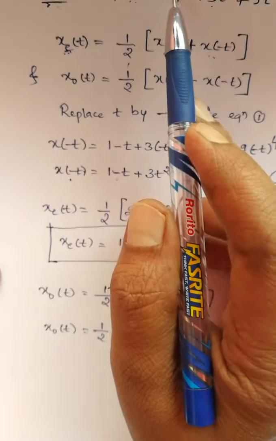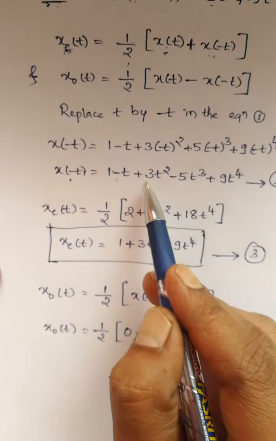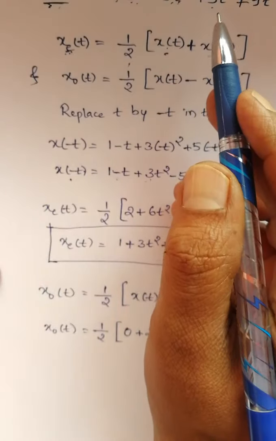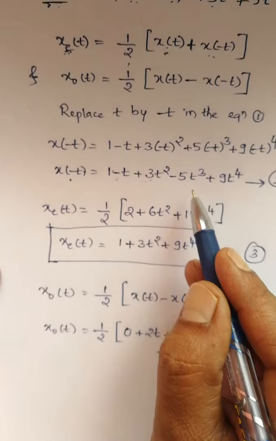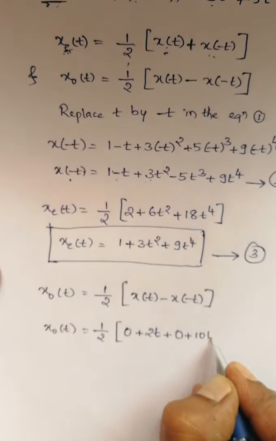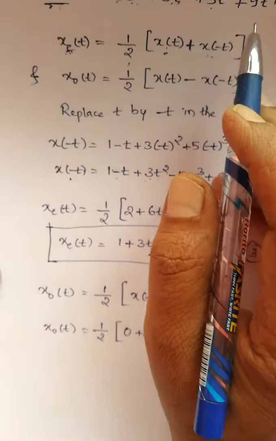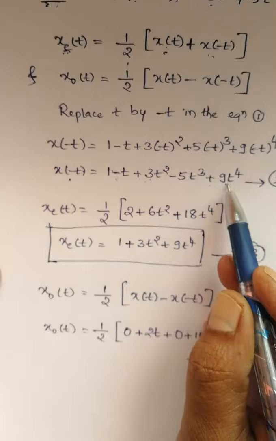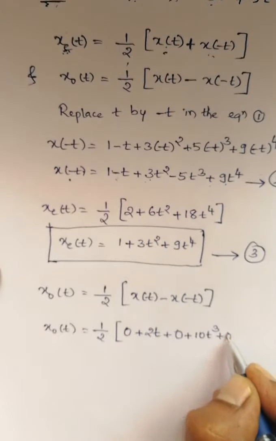Next, 3t square minus 3t square becomes 0. Next, 5t cube minus of minus 5t cube, minus into minus becomes plus, hence it is 10t cube. Then 9t to the power 4 minus 9t to the power 4 becomes 0.